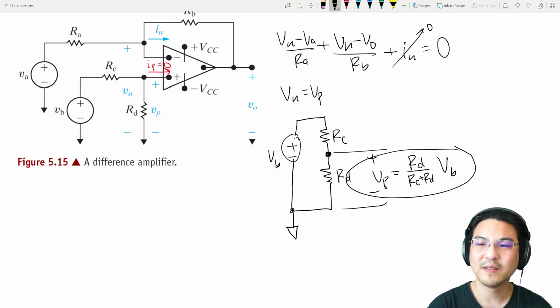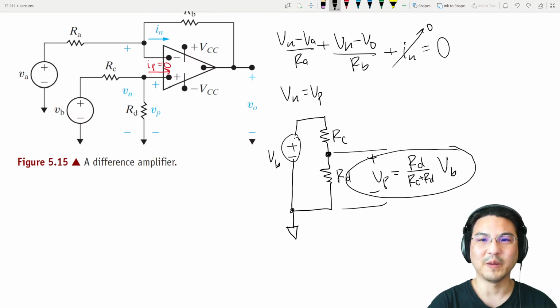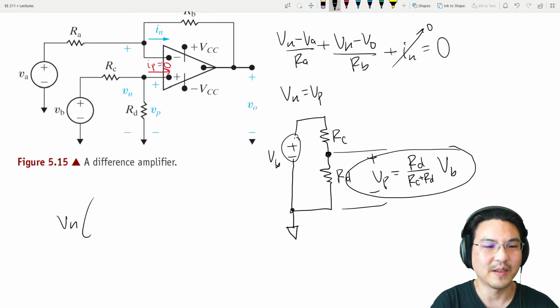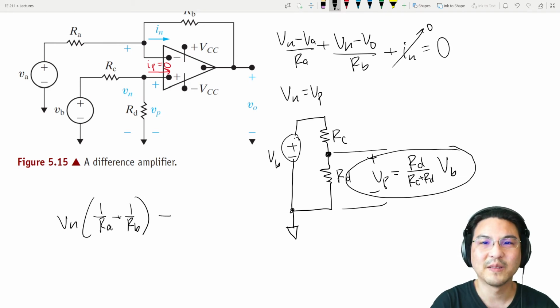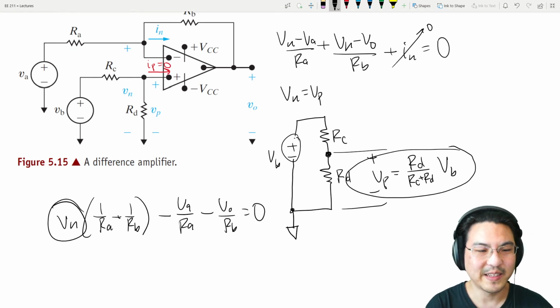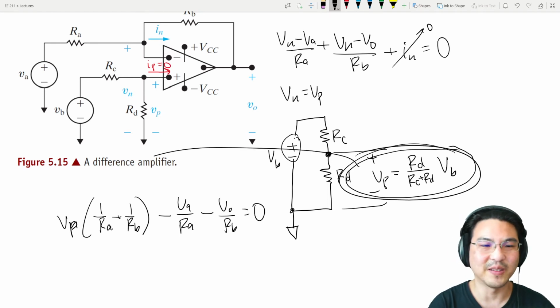So Vp equals Vn for an ideal op amp. So this goes here and here. Let me write that right now. I'll rewrite this over here. Vn times 1 over Ra plus 1 over Rb minus Va over Ra minus Vo over Rb equals 0. Vn equals Vp, and Vp is this. So this goes right there.